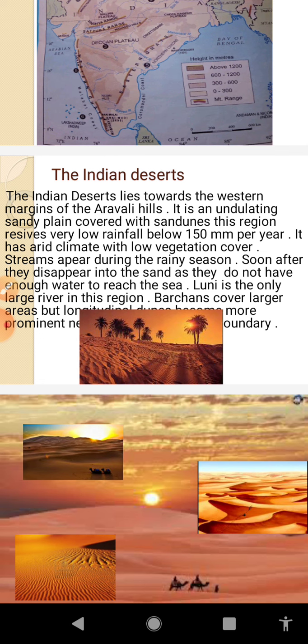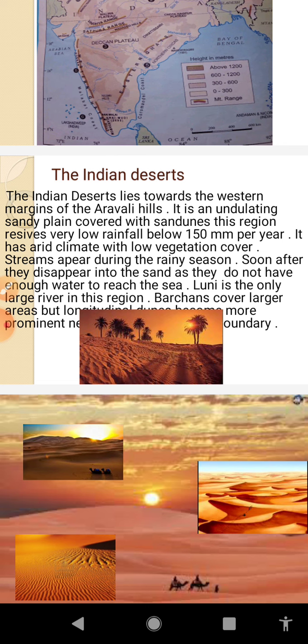So here climatic condition is arid type, and with regard to the rainfall, Thar Desert receives very low rainfall, below 150 millimeter per year, and due to low rainfall and arid climatic condition, streams or rivers appear during the rainy season only, and as they are having very less water, these streams are unable to reach the sea. Luni is the only large river in the Thar Desert, or you can say the Indian Desert.